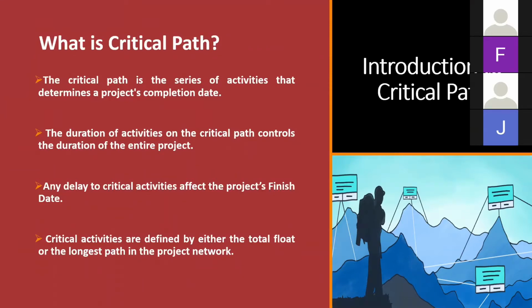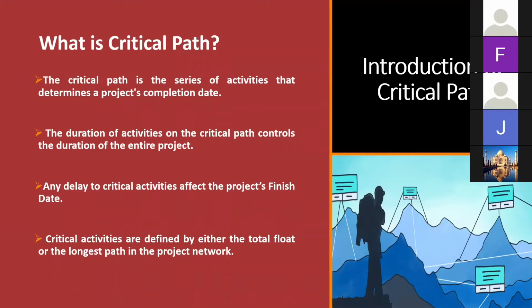Indirectly, if any activity on the critical path is delayed, your project finish date will be affected and pushed forward from its original finish date. These critical activities are defined either by using the total float or the longest path in the project network.